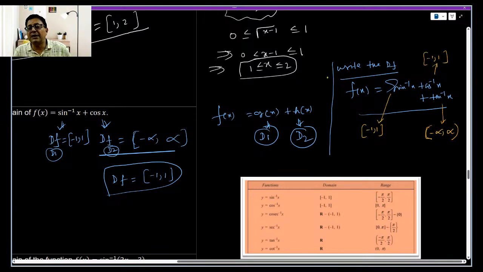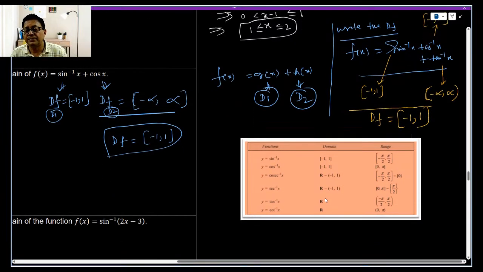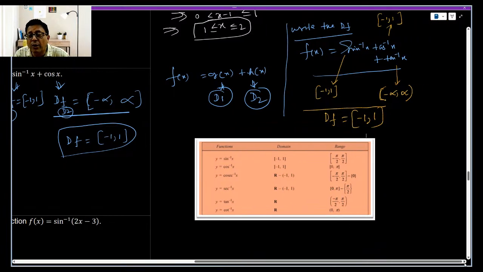Their intersection, I don't have to show a class 12 student how to get. Everything is clear. So for this function, the domain for the sum of three functions is going to be -1 to 1.